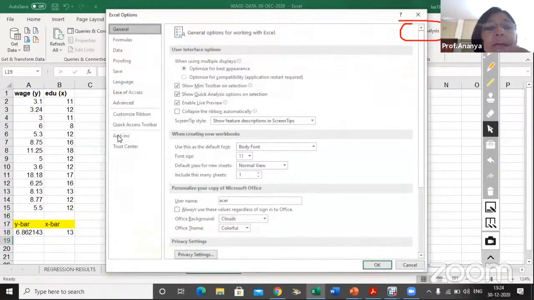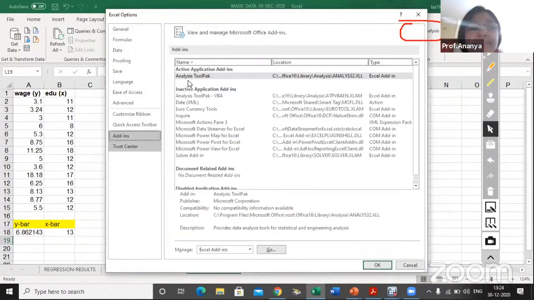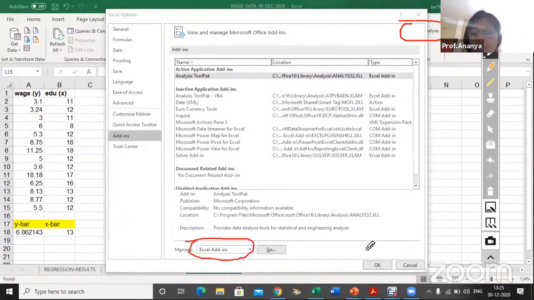In your add-ins, add in the analysis tool pack. You just have to say go, and okay, and it's going to add this analysis tool pack for you. That is what I have done.